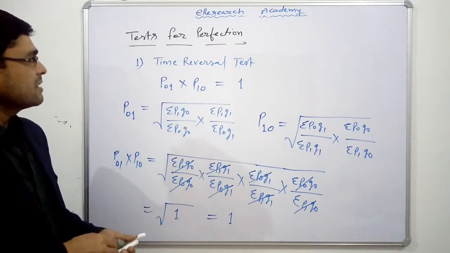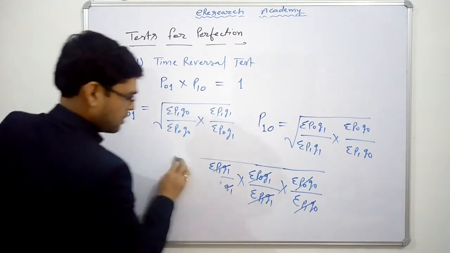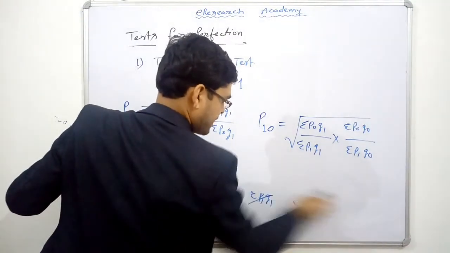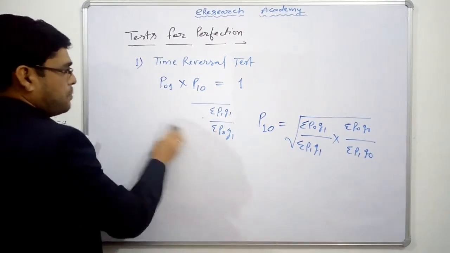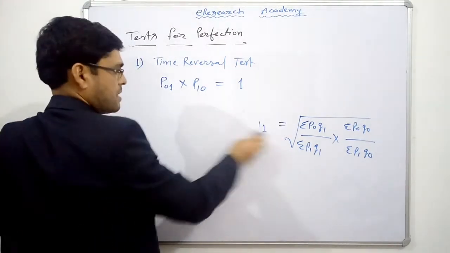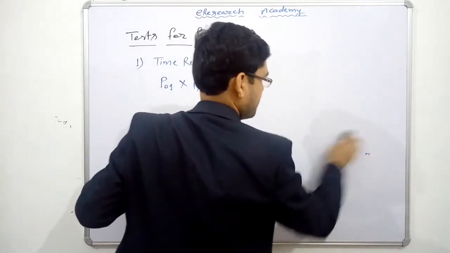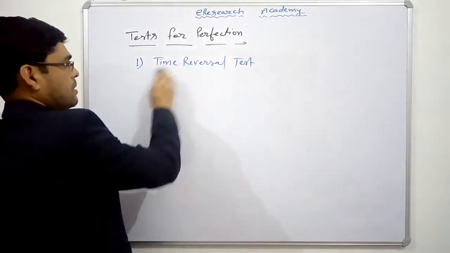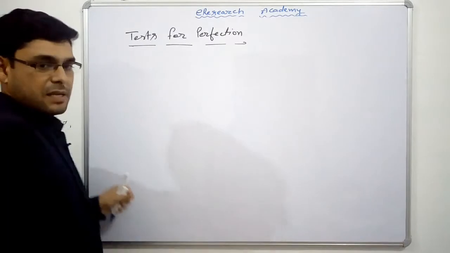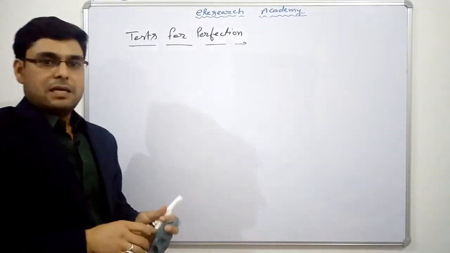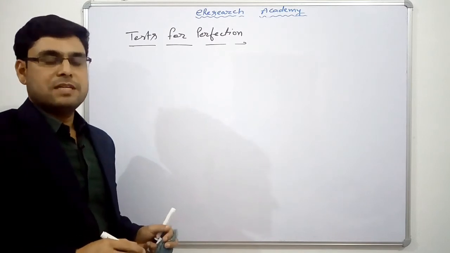Next we have the second one, the factor reversal test. What does the factor reversal test say? It says that the product of the price index number and the quantity index number will be simply the value index number, sigma P1 Q1 upon sigma P0 Q0.